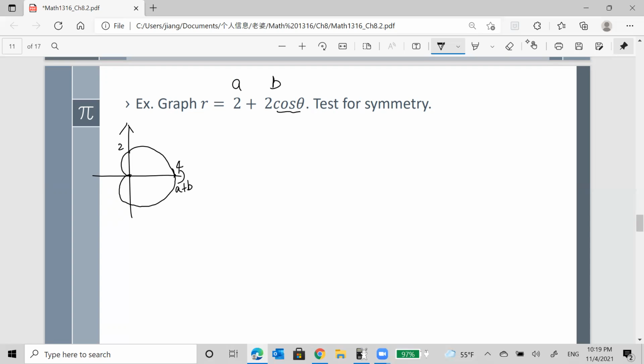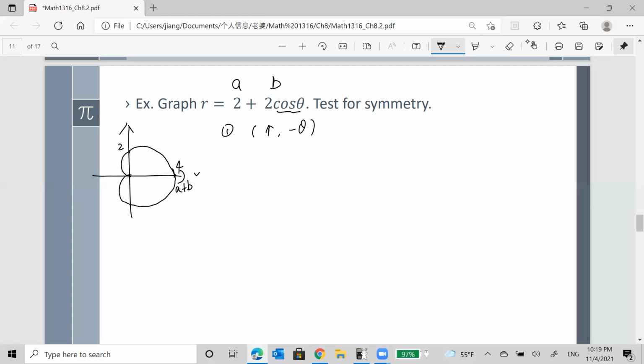So this part and this part, they are symmetric along this axis. And how to test it? The first step, let's try plugging in r, negative theta, to see if it's symmetric to the polar axis.